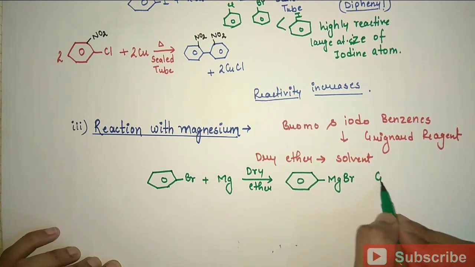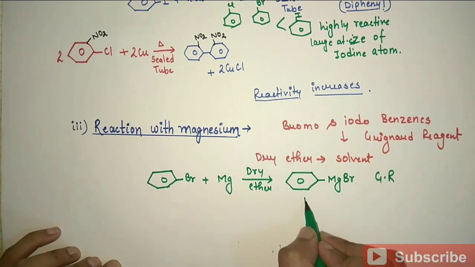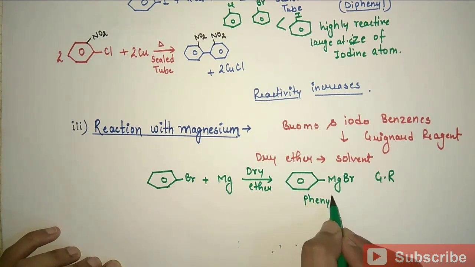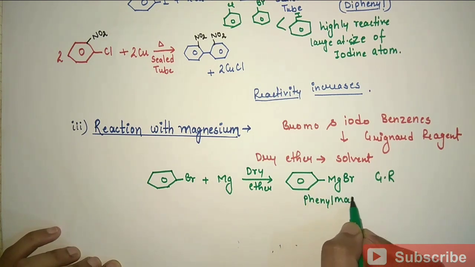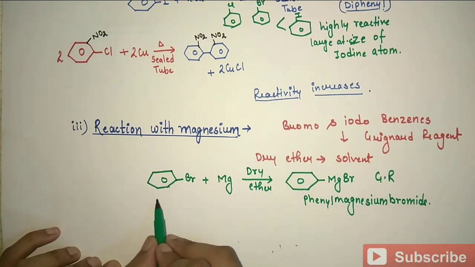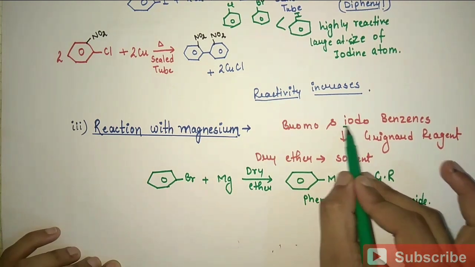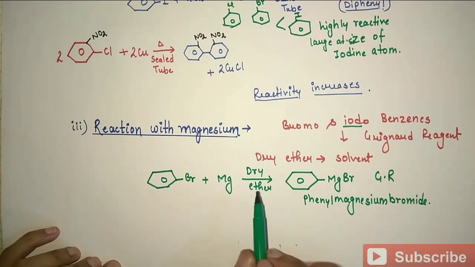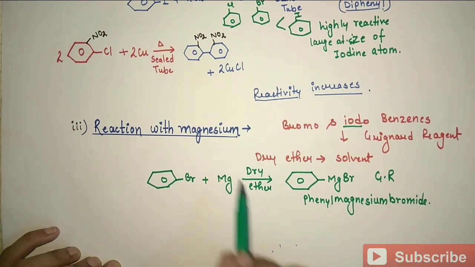This is our Grignard reagent and it is known as phenyl magnesium bromide. So either bromobenzene or iodobenzene will form Grignard reagent when they react with the magnesium in the presence of dry ether as a solvent.